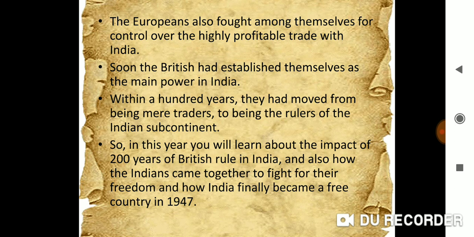So we will learn the impact of 200 years of British rule. Then we will learn how Indians came together and fought for their freedom. And finally, how India got freedom in the year 1947. So this is our main subject matter of class 8.